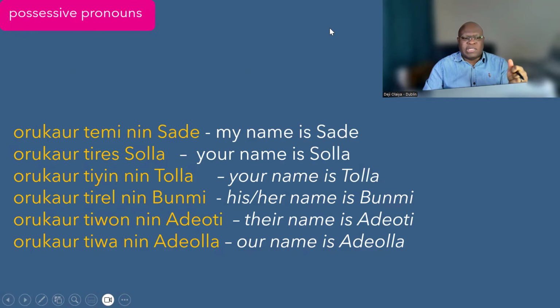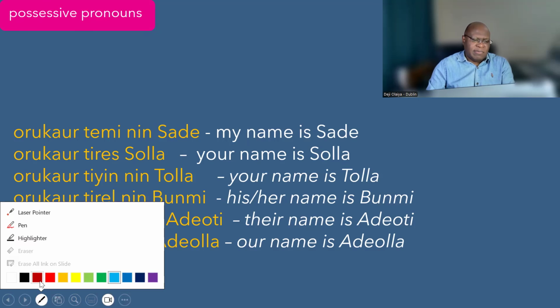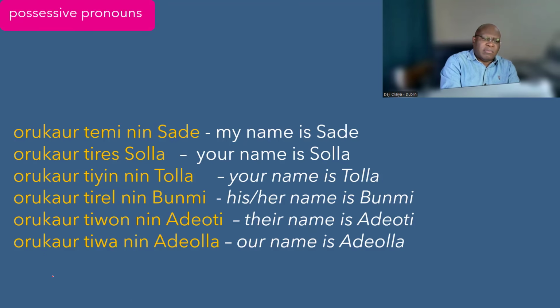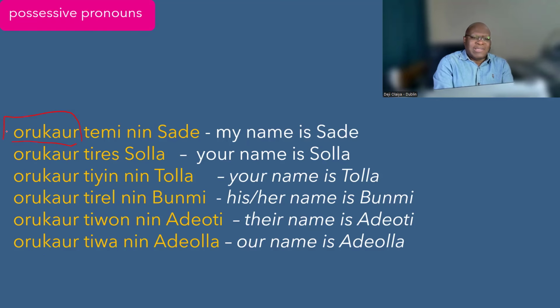Orúkọ tèmi ni Ṣadé. Orúkọ means name, the name of a person. So when you say orúkọ tèmi, my name is Ṣadé.